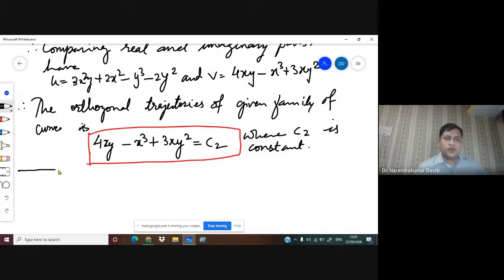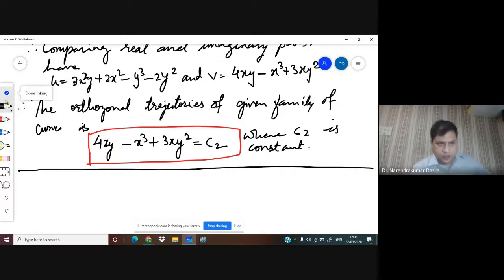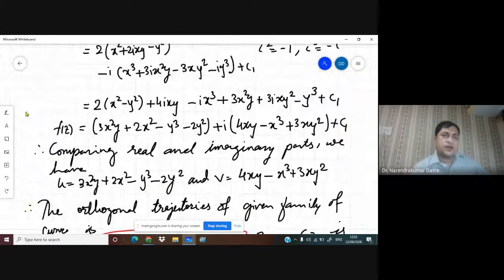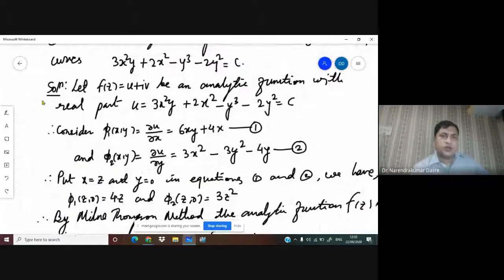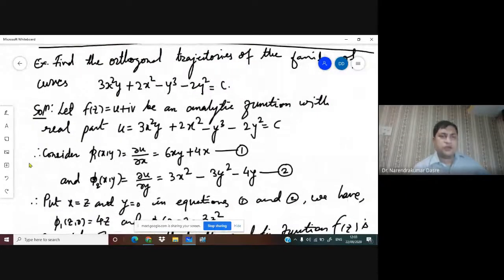So this way we are able to get the orthogonal trajectories for the given family of curves.